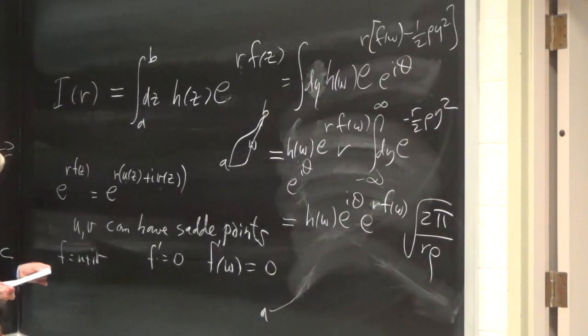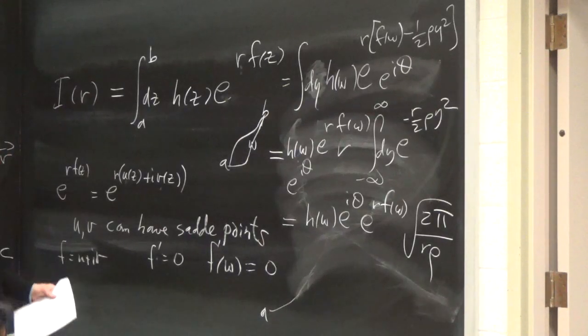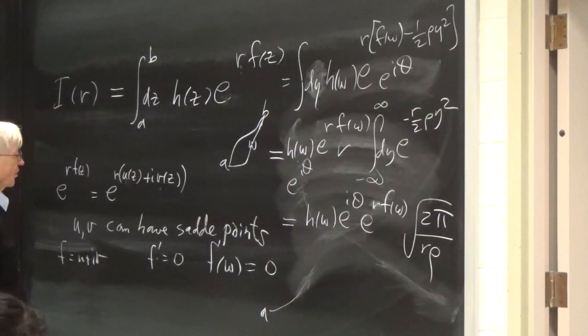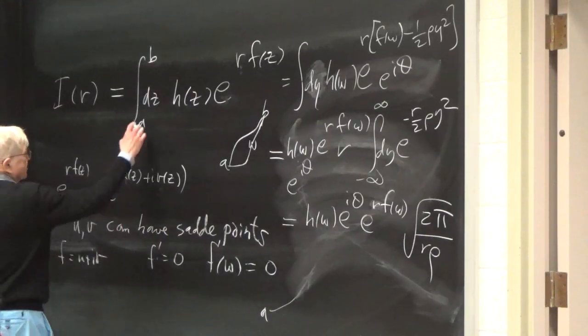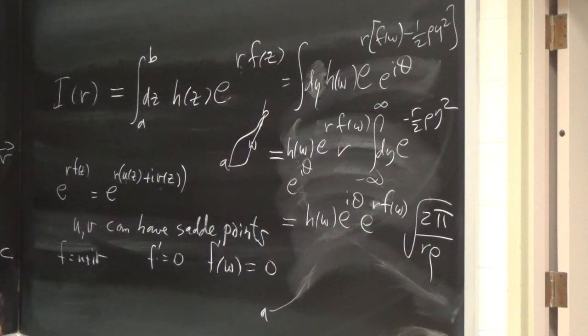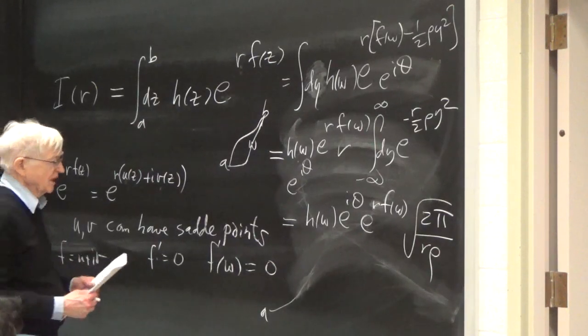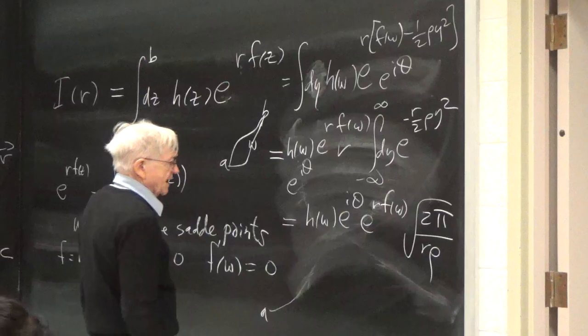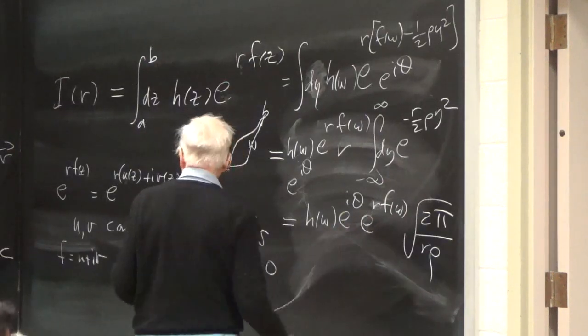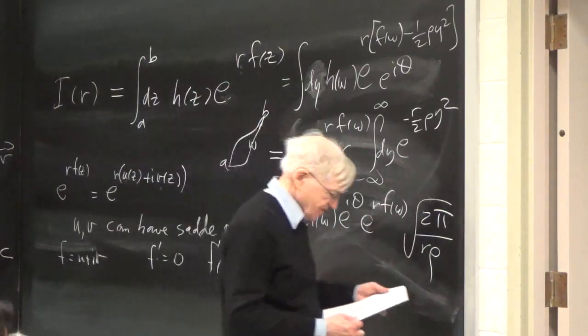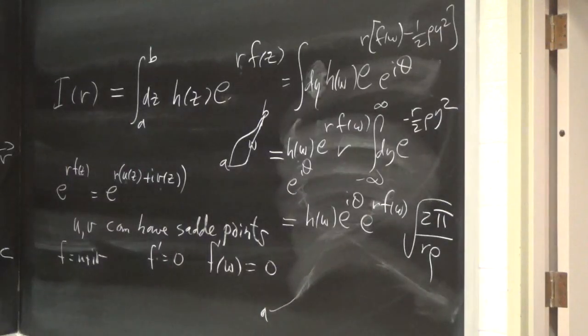So that's basically the formula for the approximation to this integral that you get from what's called the method of steepest descent. And what you can now do is make contact with these previous expressions.